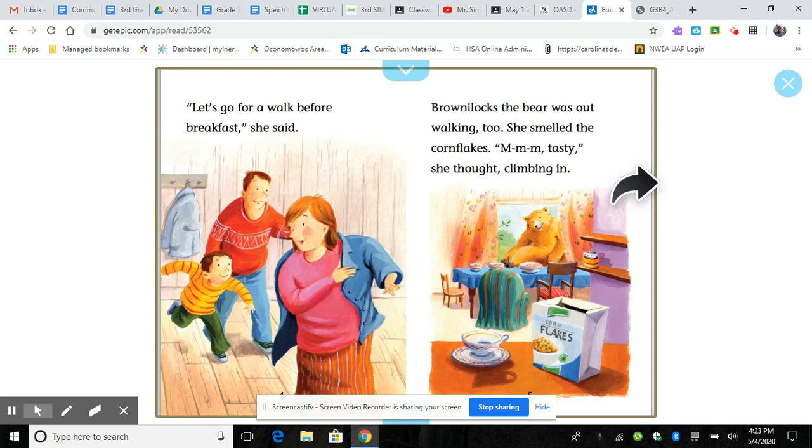Think about what happens first, and then how that's going to add to your story and how that's going to flow. Because very soon you're going to be doing this with your own stories. Right now, this is the beginning. We're going to talk about things that happen in the middle of your stories. Okay? So think about that.